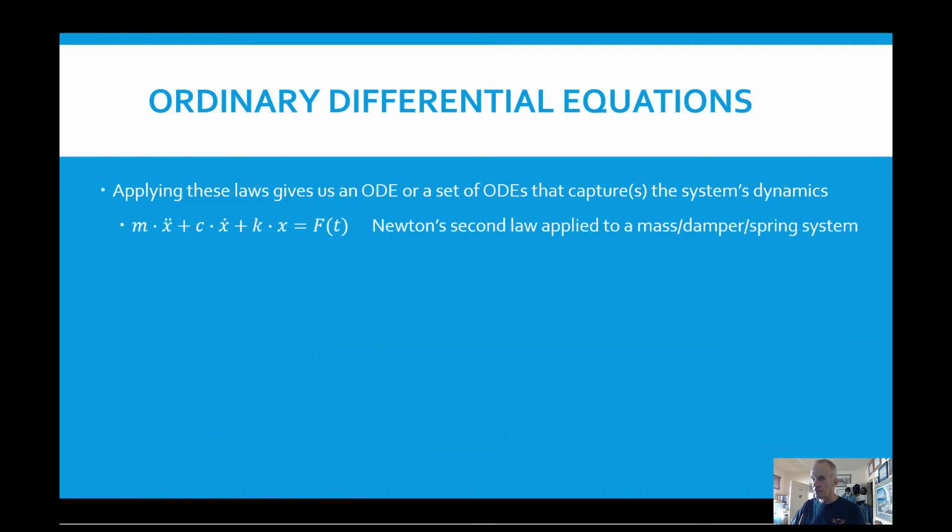An example for a mechanical system: if you apply Newton's second law to a mass damper spring system, you get an equation like this. This is called an MCK system because you have a mass, a damper, a spring, and then also you can have an external force applied to that mass.